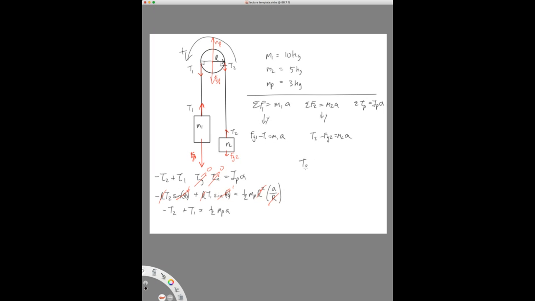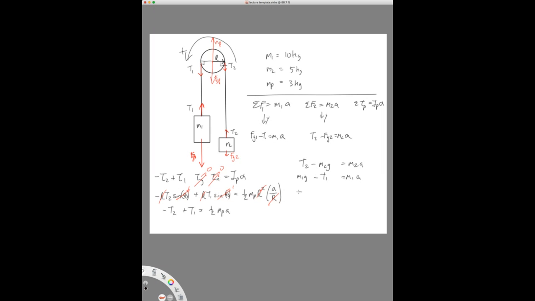If we have T2 minus M2G equals M2A, and M1G minus T1 equals M1A. So instead of FG2 and FG1, I'm putting in the formulas M2G and M1G.